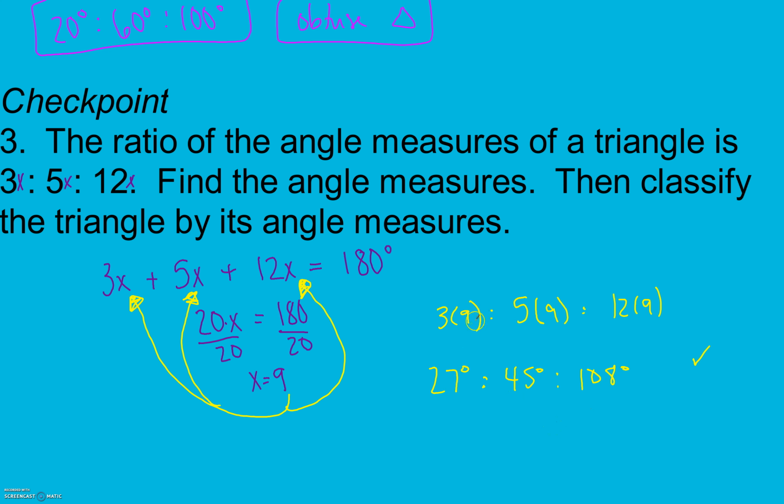So that's one good place to check to make sure we get back to the right amount of angle measures there. Last thing we want to do is classify it by its angle measures. And again, because 108 is greater than 90, this is going to be an obtuse triangle. And that's all I have for section 10.1.